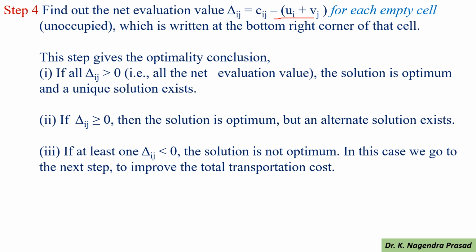In this case, we go to the next step to improve the total transportation cost by modifying the allocations, as in the fifth step.